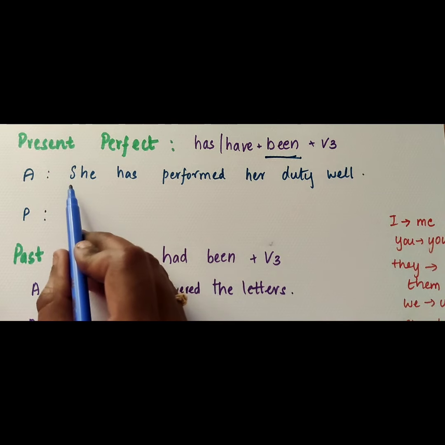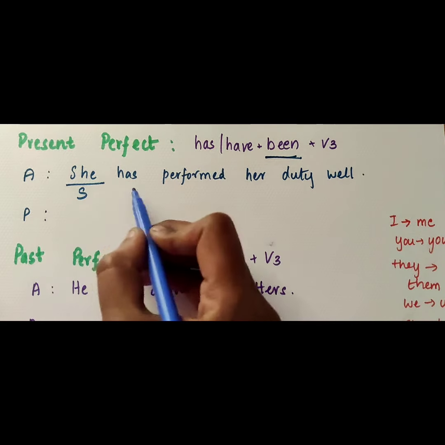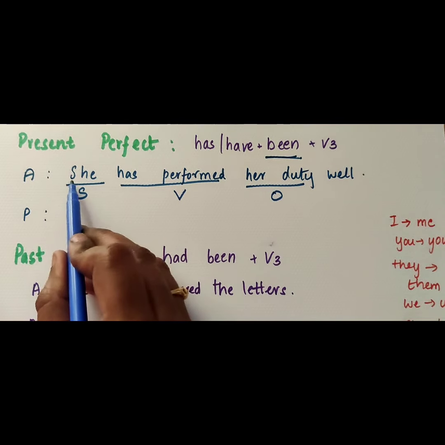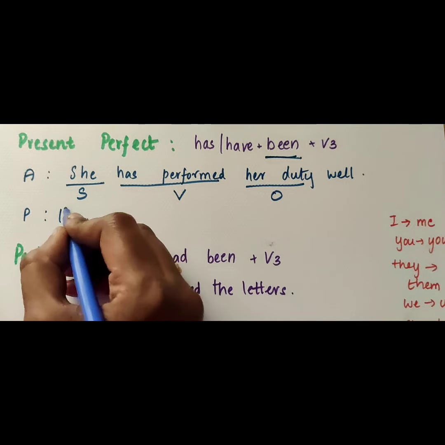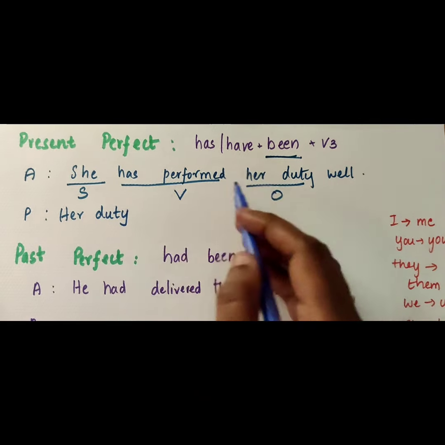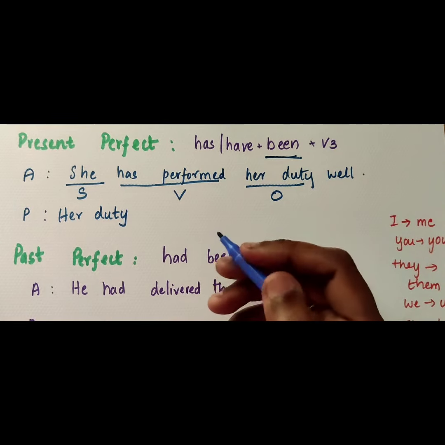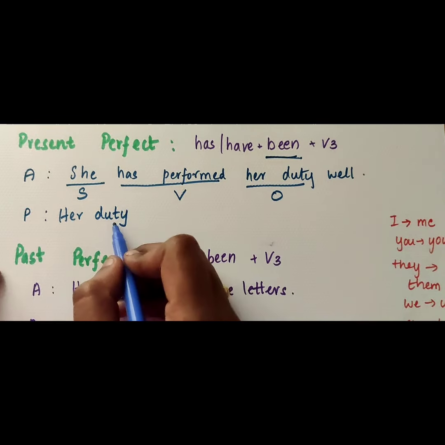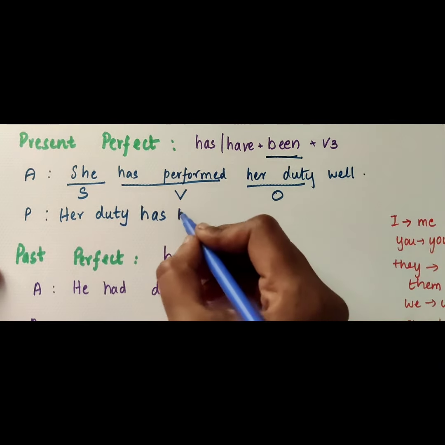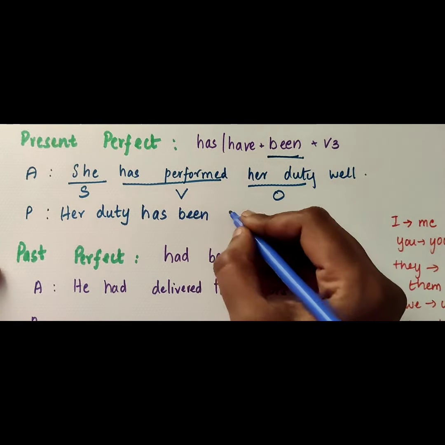So here, look at the sentence. She has performed her duty well. Identify the subject, verb, object. So the object will come first in the passive. So, her duty. As duty is singular, add have been performed.